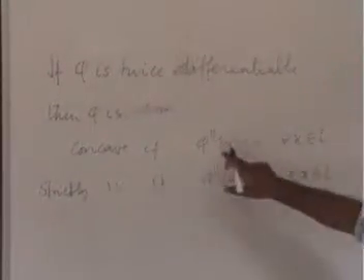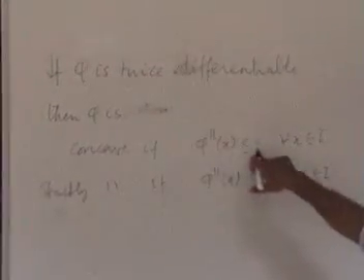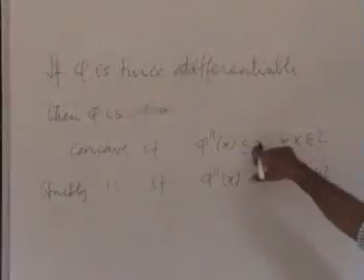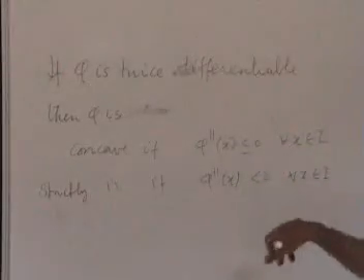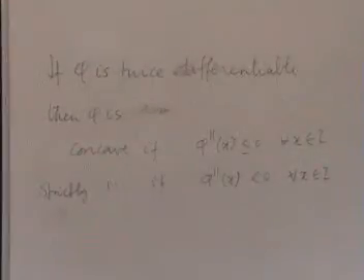What this means is the derivative must be a decreasing function, or a non-increasing function. Here the derivative must be a strictly decreasing function. The derivative of the derivative being less than 0 means the rate of increase is negative. That means it is dropping.